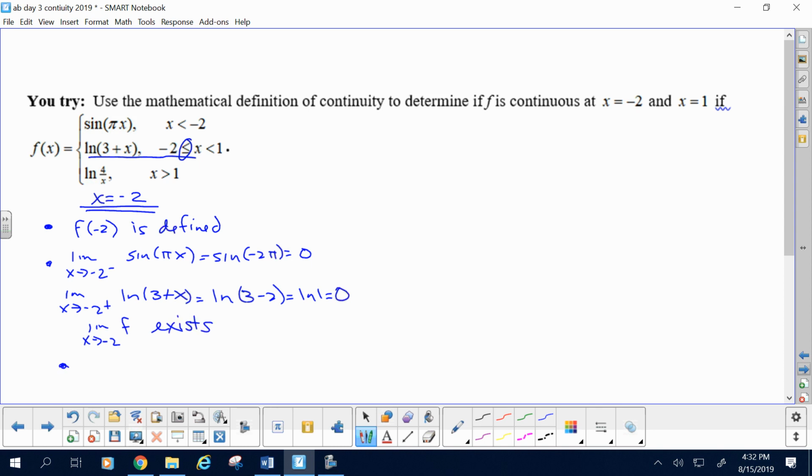And I think you'll agree that the point is on the same function as the log curve, so the point and the approach are the same. The limit and f at -2 both equal 0, and so we can conclude that f is continuous at x equal -2.